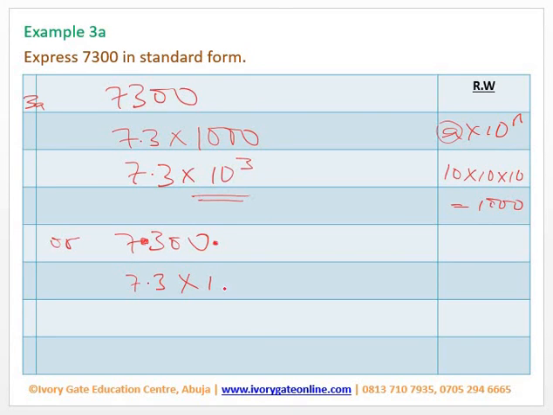Then times 10 raised to power, we now check the number of times this will move. 1, here, 2, 3. So it will move 3 times. Raised to power what? 3. So this gives us the same as this.